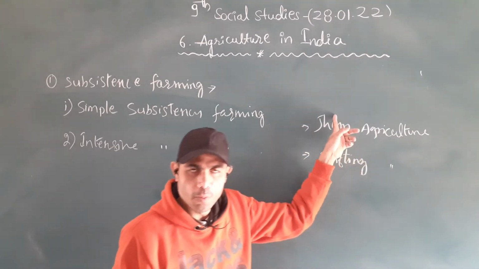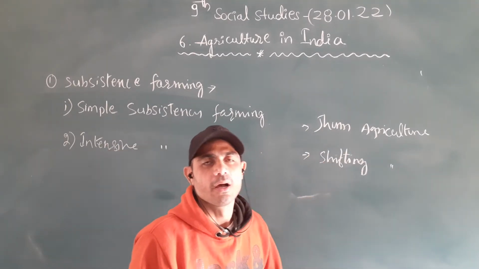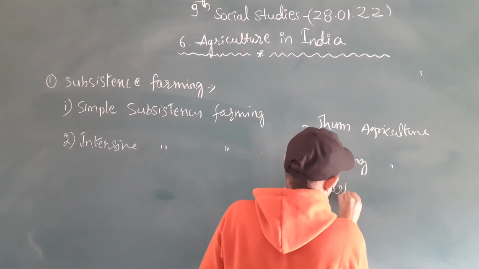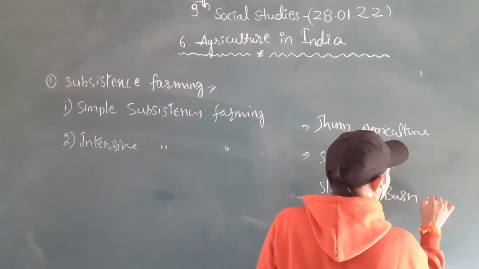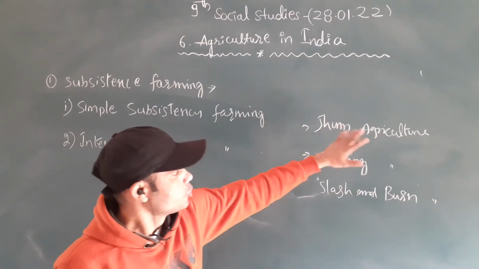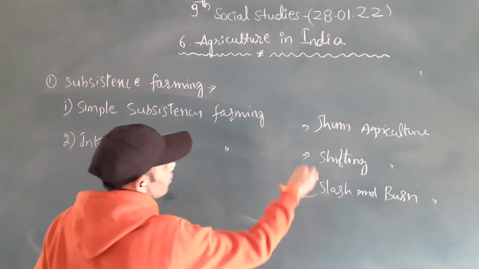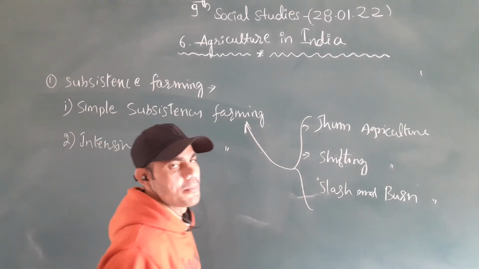Zoom agriculture, the shifting agriculture, the slash and burn agriculture. These all are other names of the simple subsistence agriculture.